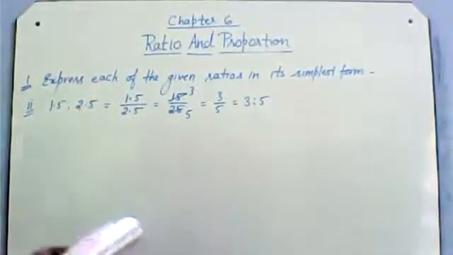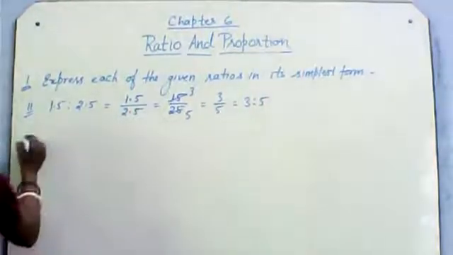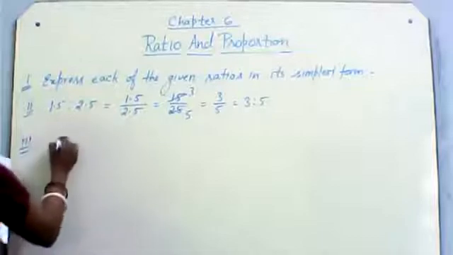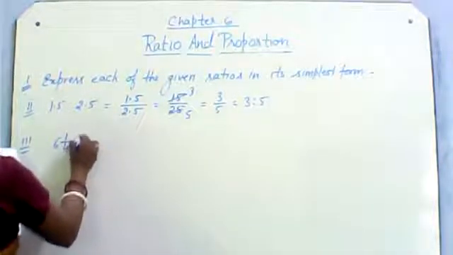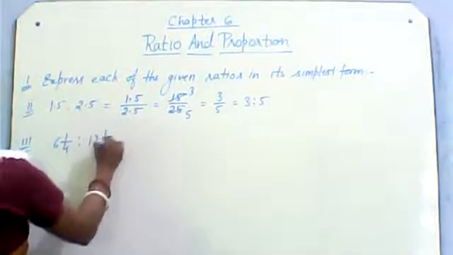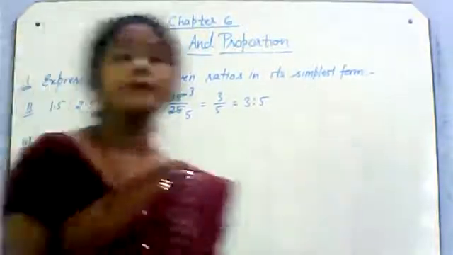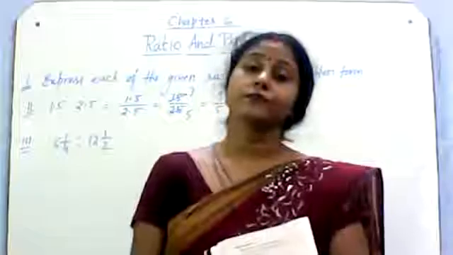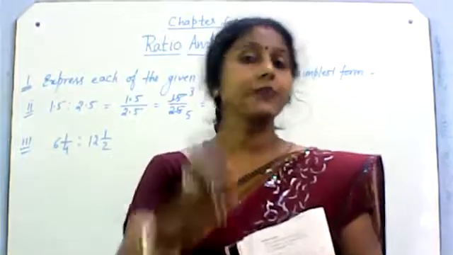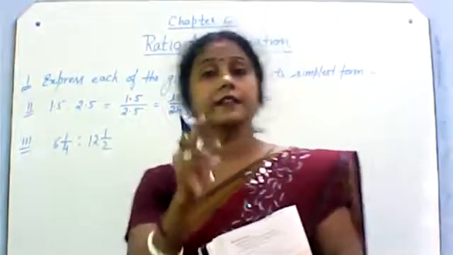Okay. Now the third one: 1 by 4 ratio 12 1 by 2. Now mixed fractions are there. So what you have to do? This is a new thing for you, so I am going to explain. Listen carefully.